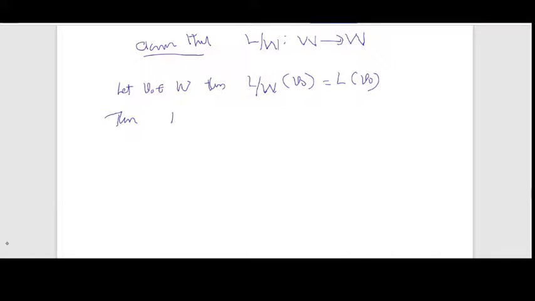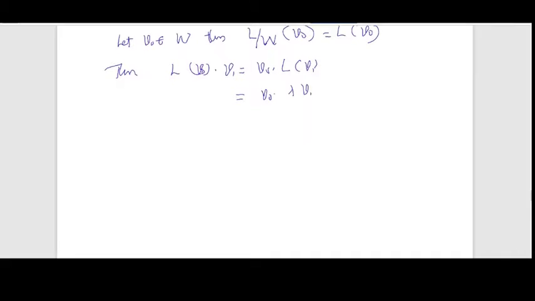Then L of V0 dot V1 is equal to V0 dot L of V1, since our L is self-adjoint. So this is equal to V0 dot lambda V1. We have V1 is an eigenvector of L, so L of V1 equals lambda V1, which means lambda times V0 dot V1.